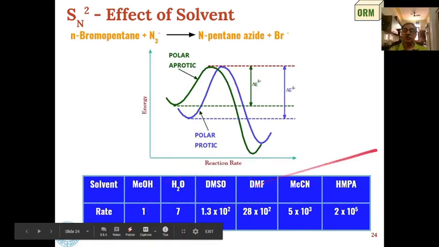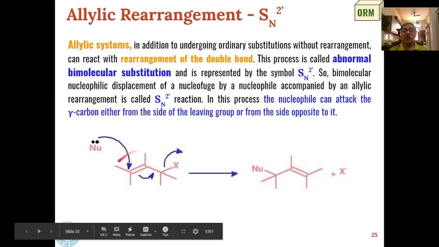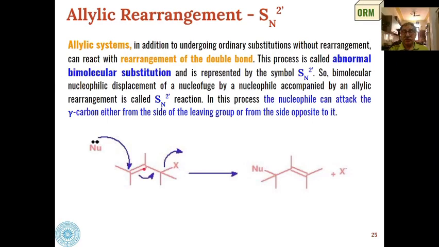Then in case of SN2 reactions, we have observed some abnormal bimolecular substitution reactions in case of allylic systems. So if we see these allyl halides here, because of the delocalization of this pi bond into this carbon with the removal of this X, there is a possibility that nucleophile will get attached to a carbon other than to which the leaving group is attached.